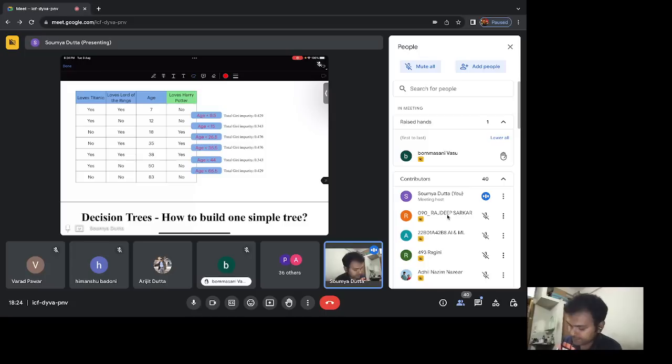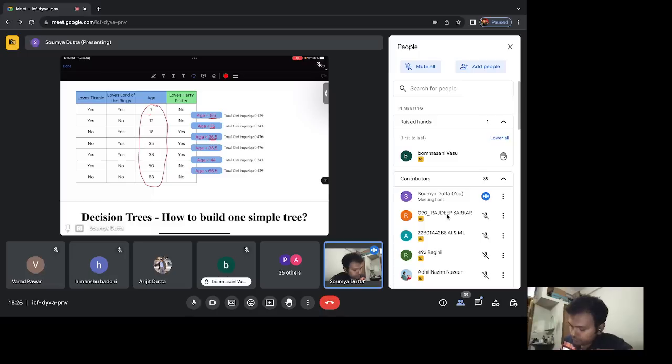So what you do basically is you take these real values and sort them in ascending order, with the smallest one at the top, and then you take the midpoint of all these values. So for 7 and 12, the midpoint is 9.5, for 12 and 18 the midpoint is 15, for 18 and 35 the midpoint is 26.5, and so on.